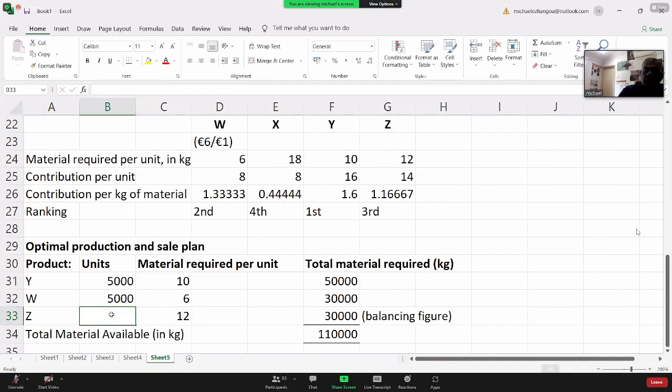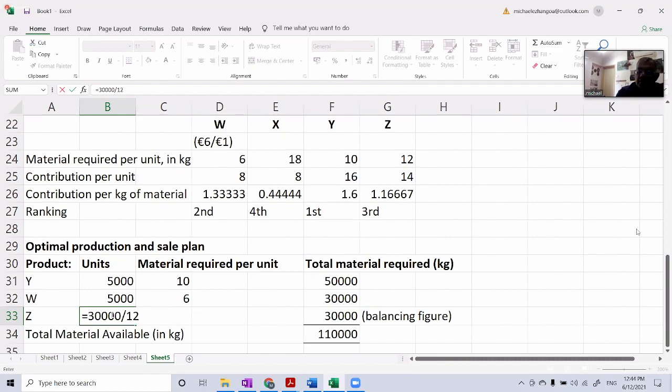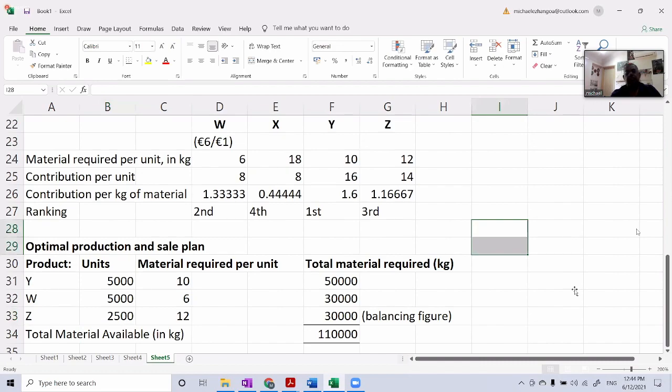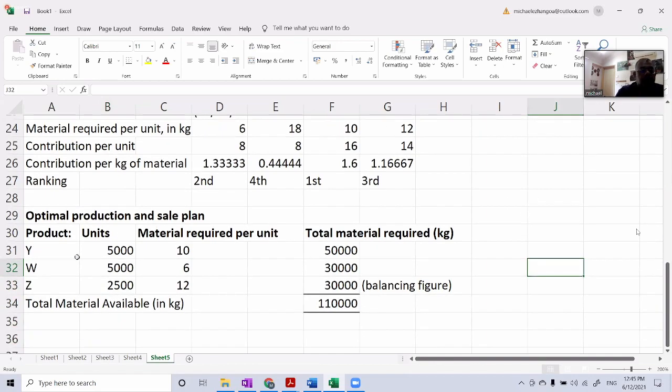So this one would be 30,000 divided by 12. I can only make 2,500 units of Z. Now it is X is the one we can't make. All right. So continue.